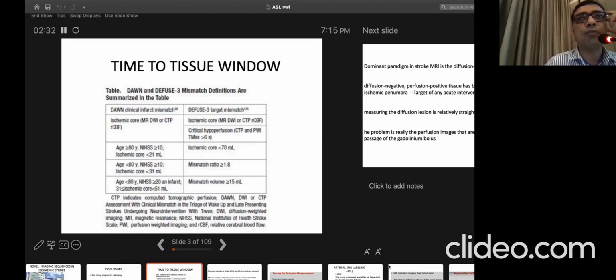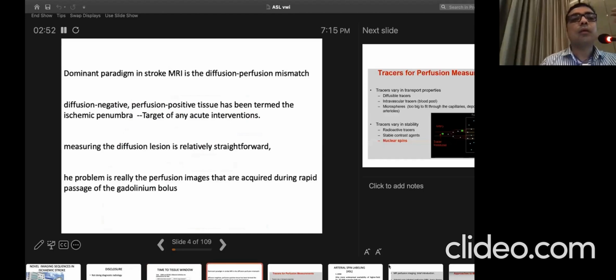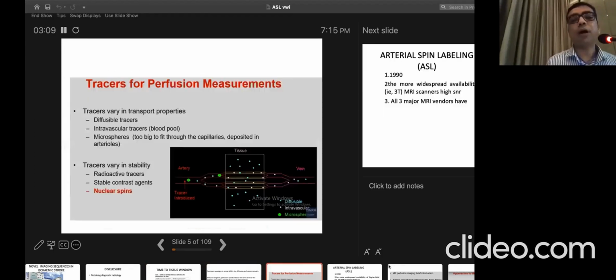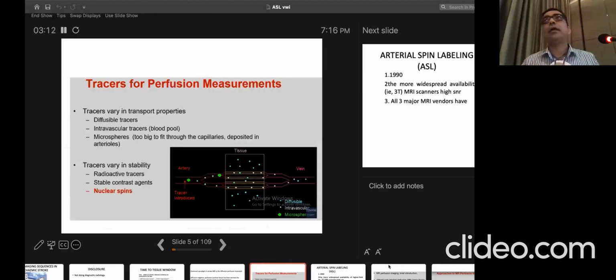We tried to do CT perfusion or MR perfusion but were not able to get it done in the middle of the night with the patient moving, just to get an idea of viable tissue or the tissue at risk. As we all know, we need to find the diffusion negative and perfusion positive tissue. The diffusion lesion was very straightforward, but finding the perfusion positive tissue was an issue in our setting. So we embarked on a journey with ASL.